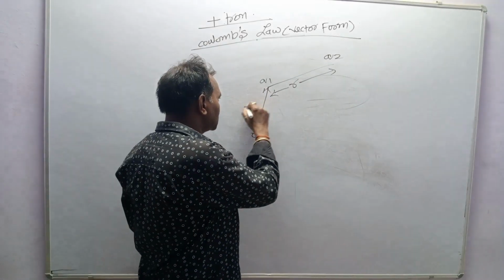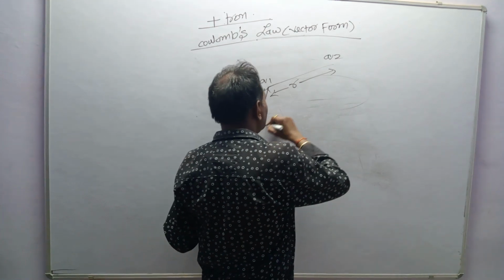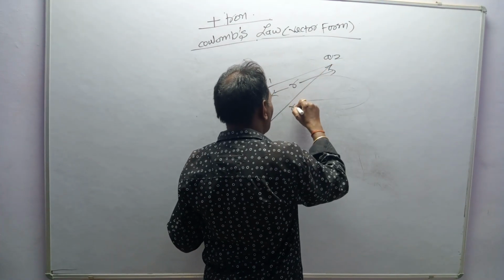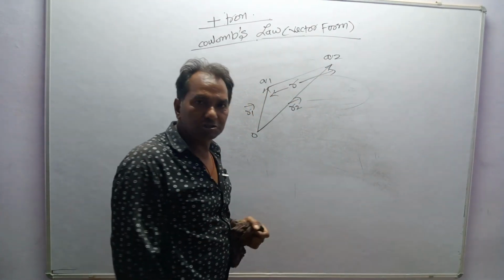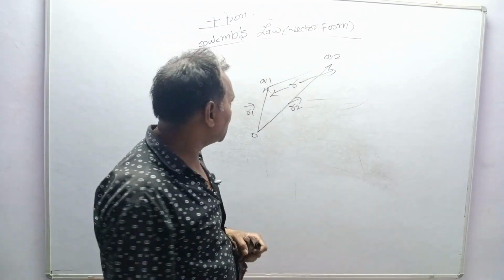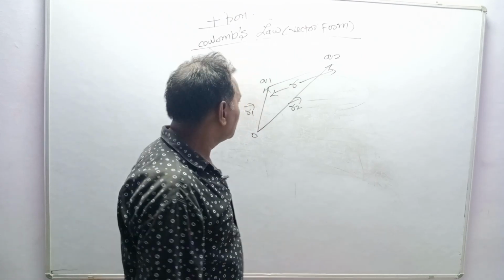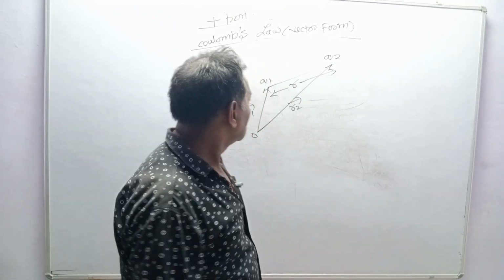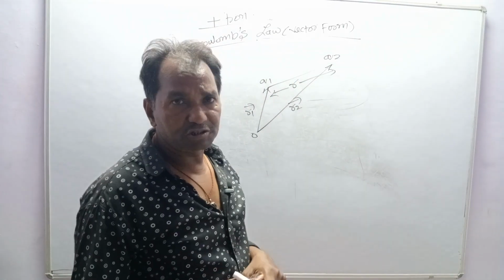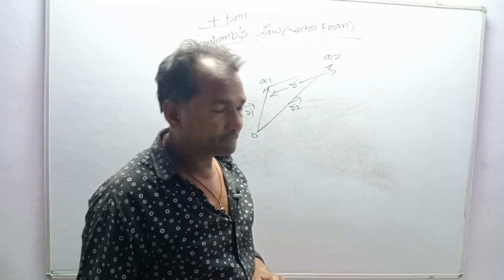So the position of this charge is R1 and the position of this charge is R2. Now we have to find out the force acting between the two charges applying Coulomb's law.